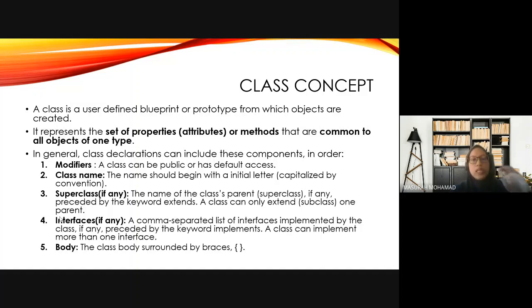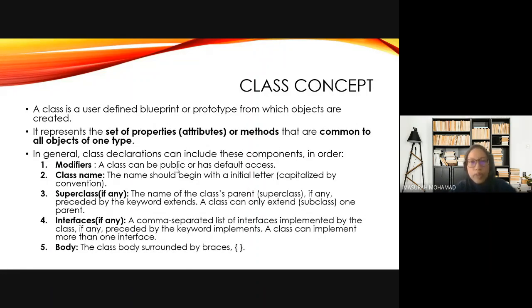Okay, so in general, how to declare the class? Point number 3 tu guys. Okay, we can include several components. Pertama, okay, the first one is modifiers. Modifiers ni, for example, a class can be public or has default access. Maksudnya, we need to tell the compiler, okay, this class can be accessed by what kind of program, from inside or outside, private or public, something like that.